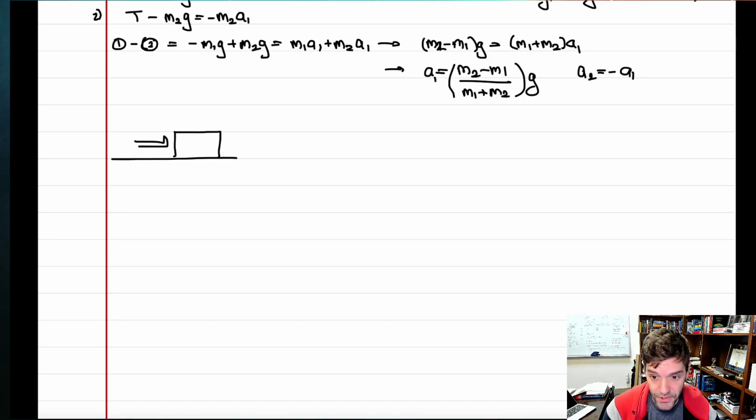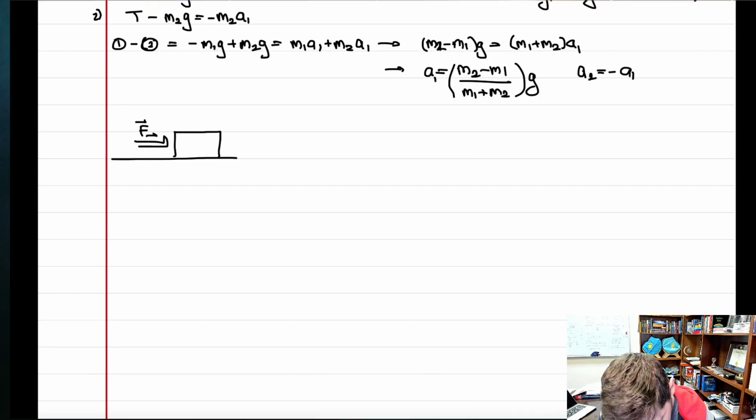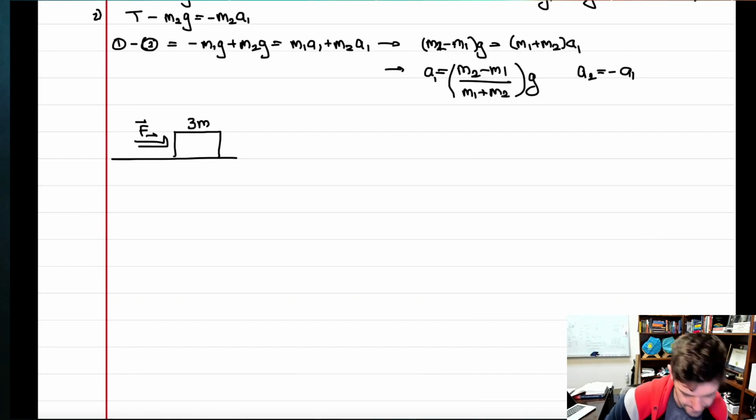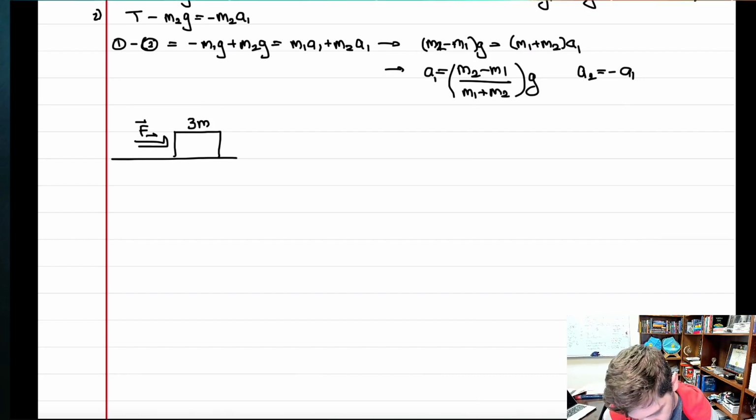So let's suppose you're pushing on a box with some force F to the right. And this box has mass 3m. The reason will become clear in a second. I want to analyze the motion of the box on the frictionless surface. Well, I take my system.